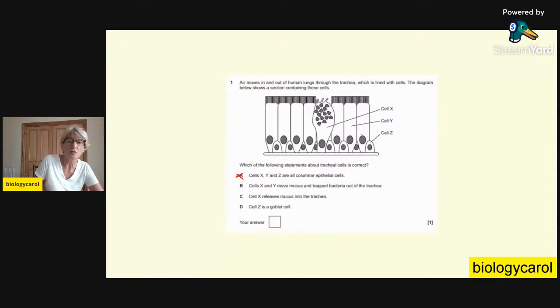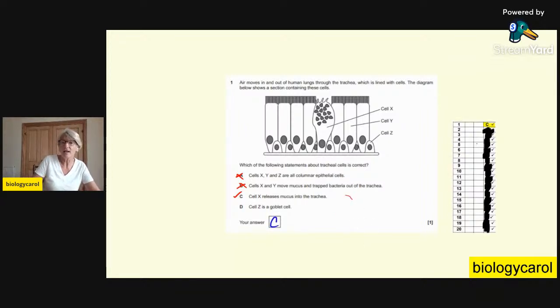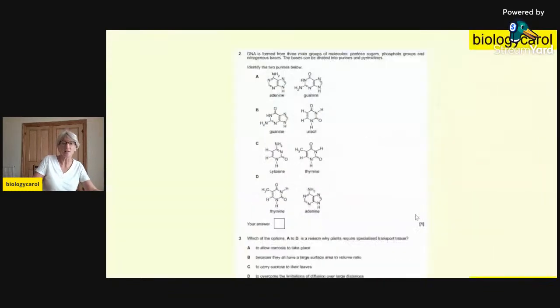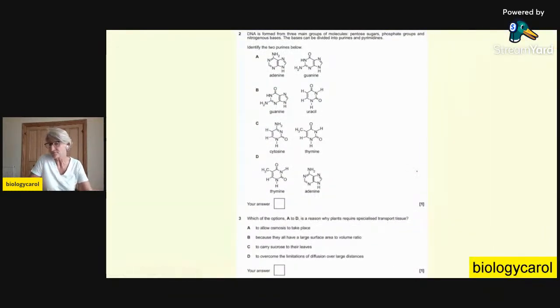Well, that is not true, because it's only cell Y that does the moving, because they are the ciliated cells. Cell X releases mucus into the trachea. Is true. Cell Z is a goblet cell, and that is not true, because cell X is. So the answer is C, and here are the answers to the multiple choice, and that is correct.